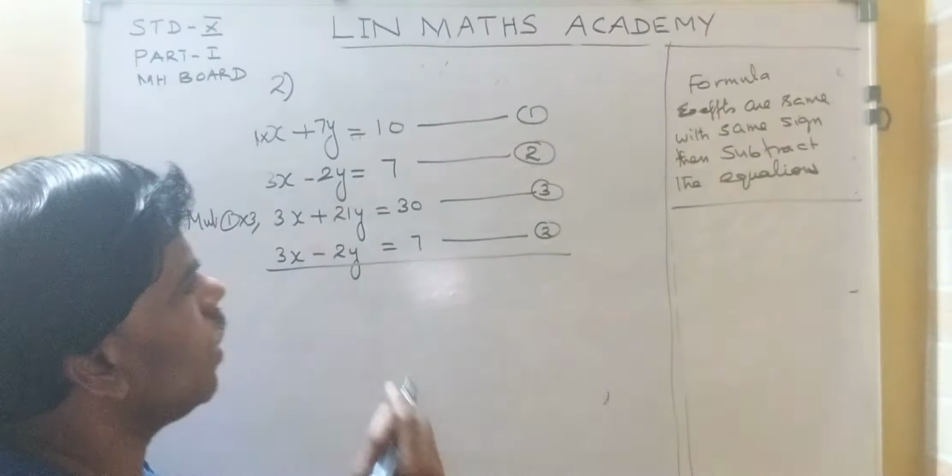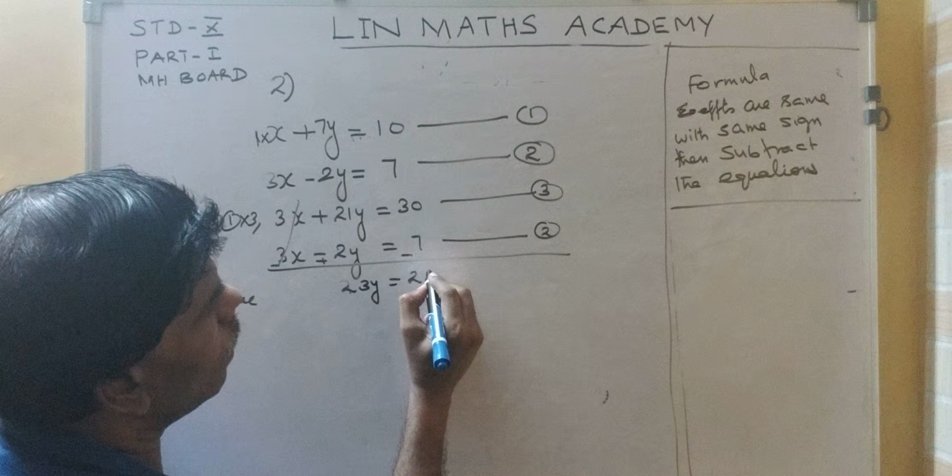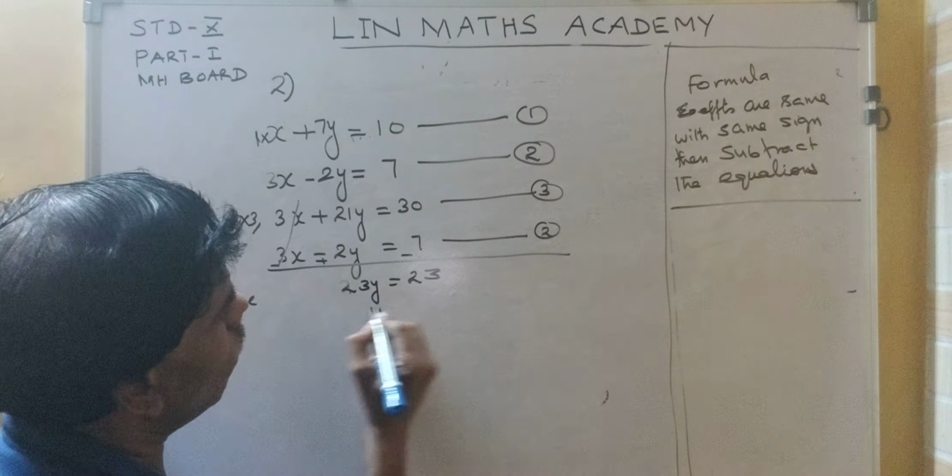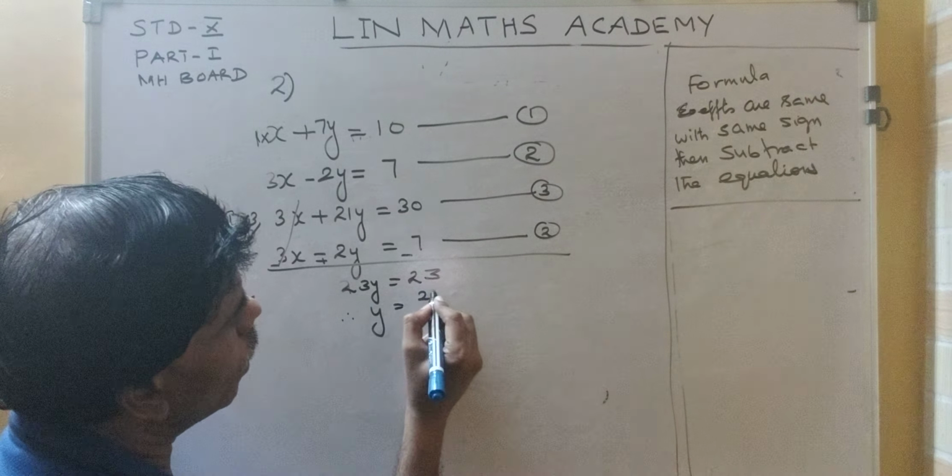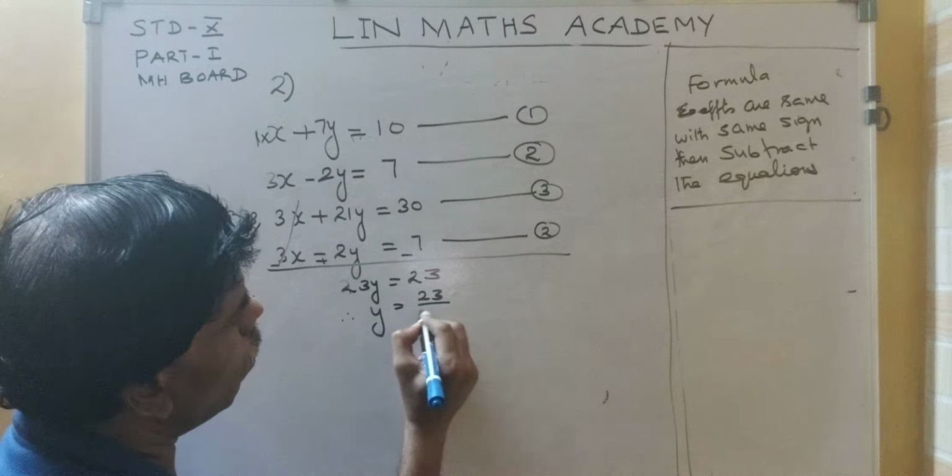Subtract means change the sign. Plus 3x minus 3x get cancelled. 21y minus 2y, that is 21y plus 2y. So 23y equal to 30 minus 7, 23. Therefore, y equal to 23 upon 23, that will give you the value 1.